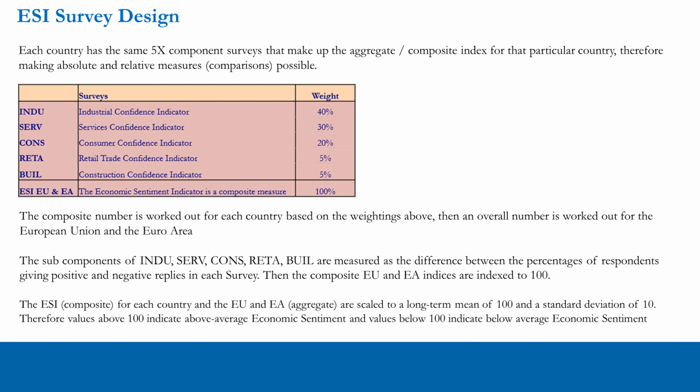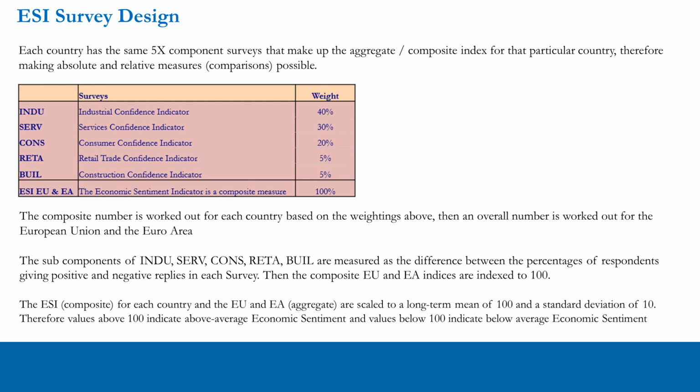And you can see the 5 component surveys that make up the composite number for each country in the table on the screen. So we have the highest weighting, which is the industrial confidence indicator, weighted at 40%.